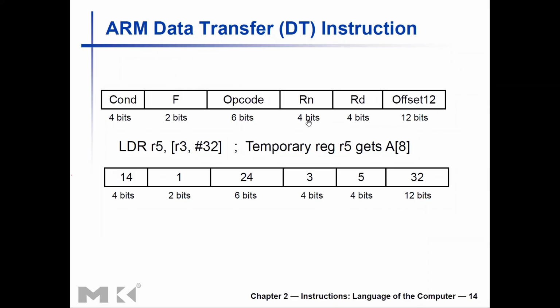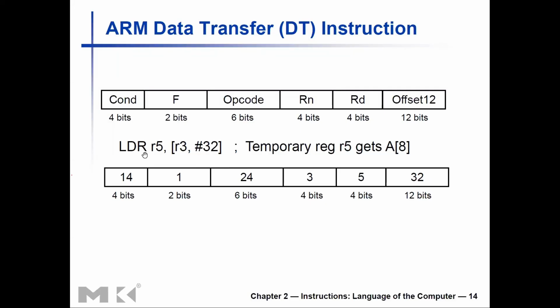Those things are there, and there's no need for a second operand for a data transfer instruction, so that part we use to encode the offset. We have seen these offsets just a little while ago as well.